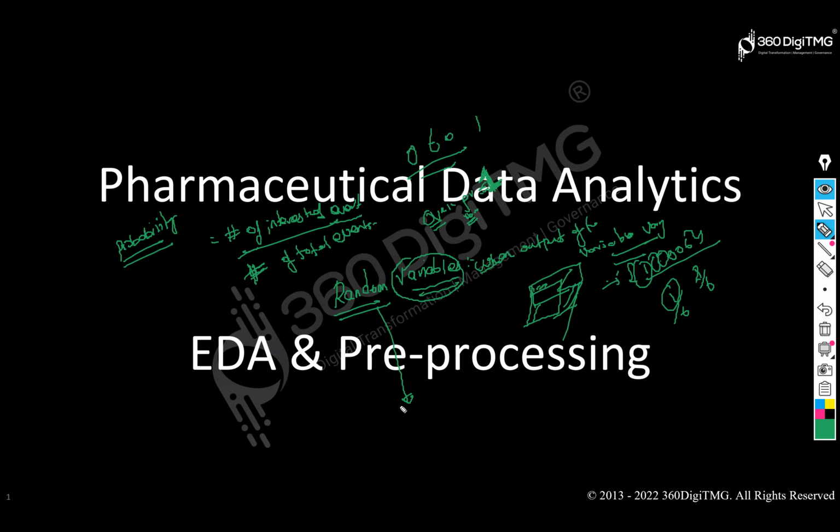Both properties combine to form a random variable. A random variable is represented using uppercase X. Okay, fine.